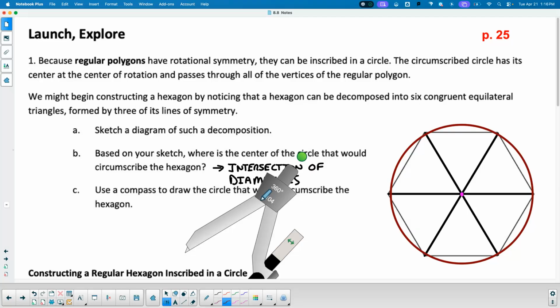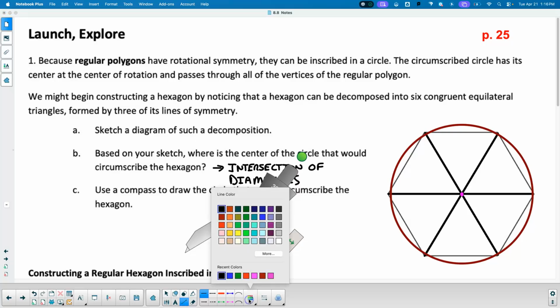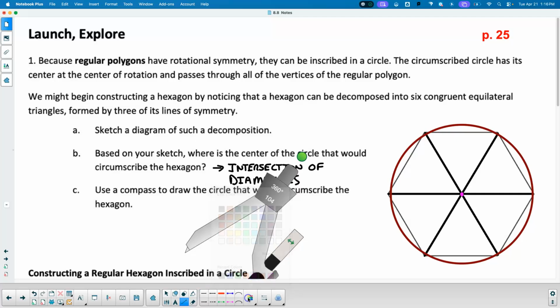Now, one thing that I will tell you is that a hexagon consists of 2 equilateral triangles.